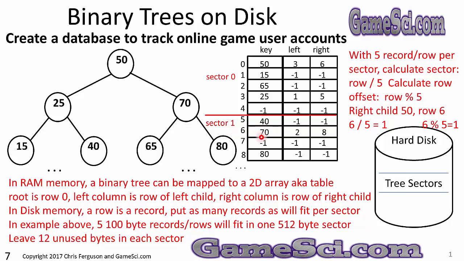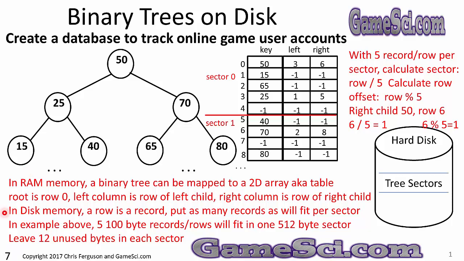And there at row 6, you see the right child of 50, 70. You set up a column for the left and right children, and these numbers represent the row of the table. The -1 means it doesn't have a left or right child. You can see 15 has a left and right of -1. 15 at this point doesn't have a left or right child.